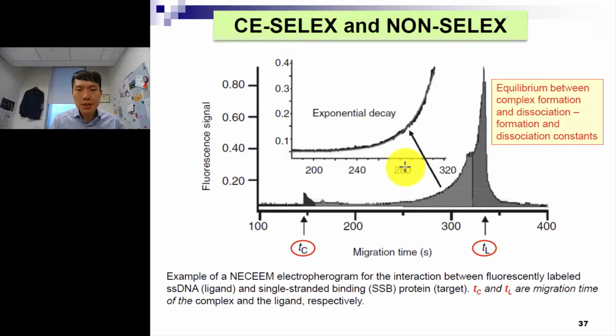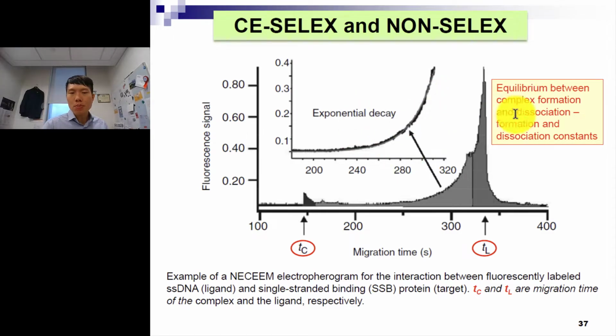This is another one. We look at an example of this NECEEM: the interactions between a fluorescent labeled DNA ligand, and in class we also talked about how we use the fluorophore attachment to your substrate. In this case, we are tagging this fluorescent dye to a single stranded binding protein.